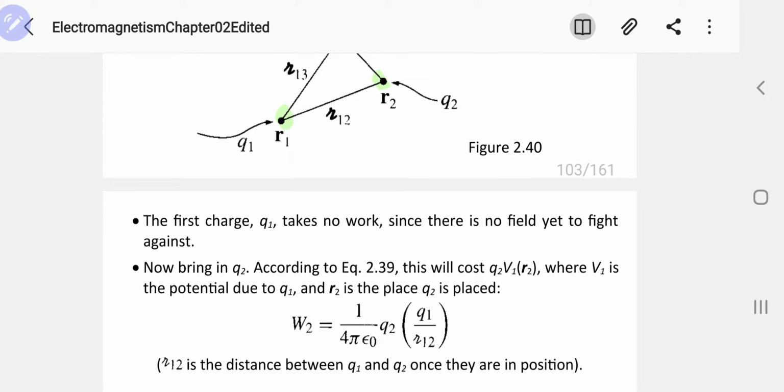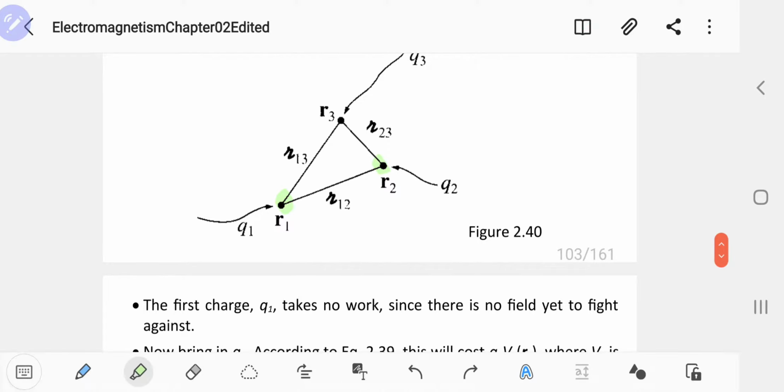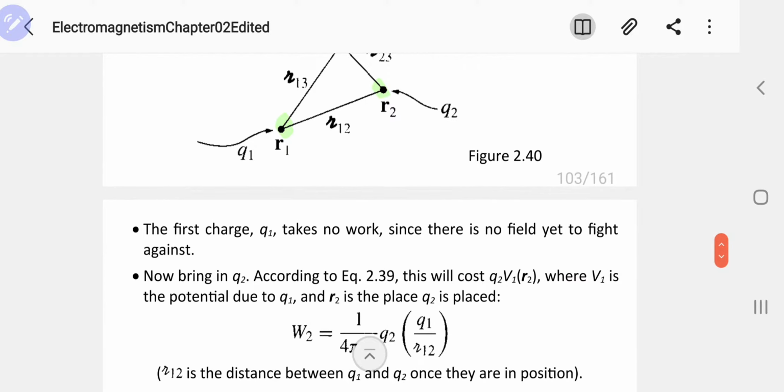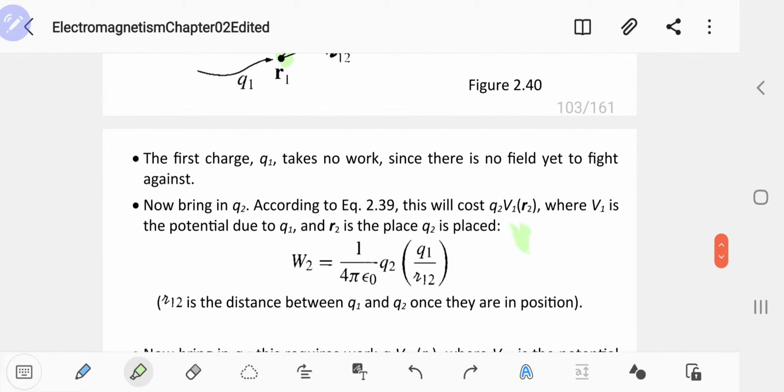So the potential V is equal to 1 over 4 pi epsilon sub O, Q1 over R, the distance between R1 and R2, and you multiply this with Q2, so that you will have this as your work.